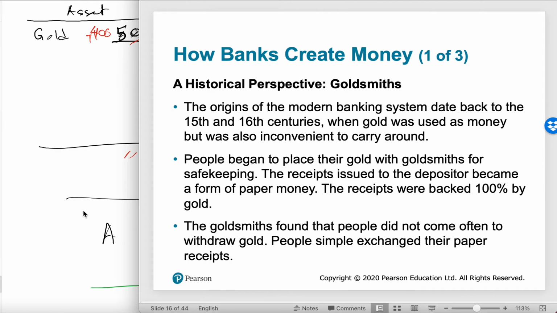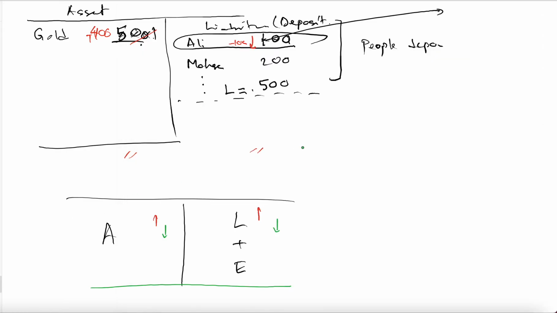They realized that people won't come, so they started using other people's money as their own asset and giving loans. One person was coming and saying, I want to borrow $100 worth of gold from you.